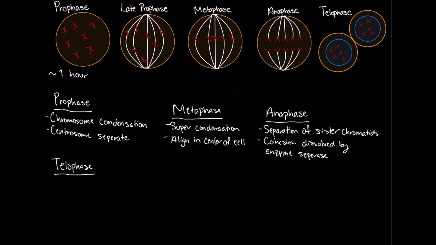So telophase is where the chromosome decondensation occurs, so it's not as compressed as it was before. It can be a normal cell. The disintegration of the mitotic spindle. So these spindles that attach to the chromatids are dissolved, and a new nuclear membrane is formed, represented by this blue circle.